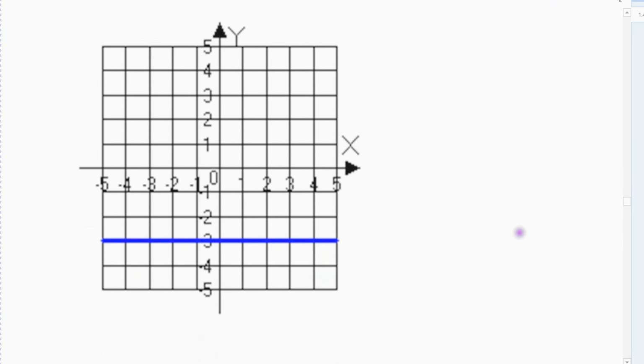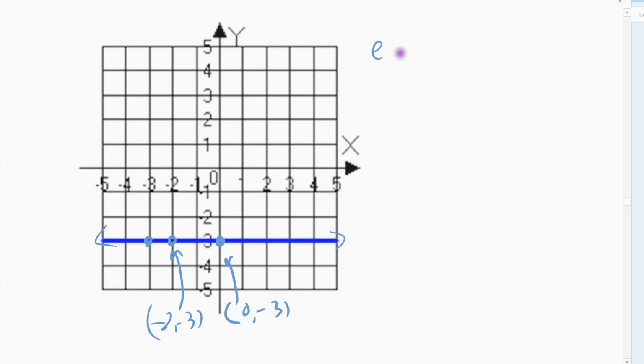Alright, the last example. Horizontal line, right? I'm down here at my horizontal line. And so it's actually probably easier to find my line in this case. Every single point on this line, my y value is negative 3. So this would be the point 0, negative 3. This would be the point negative 2, negative 3, and so on.